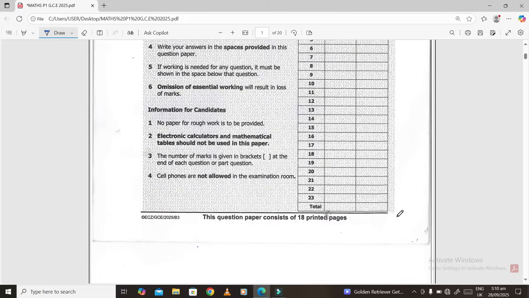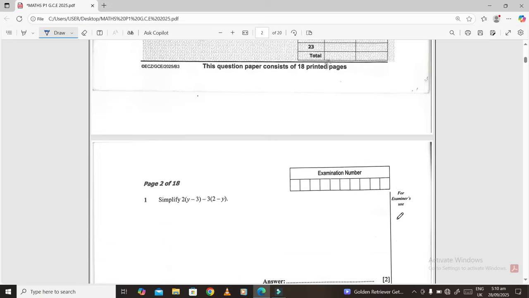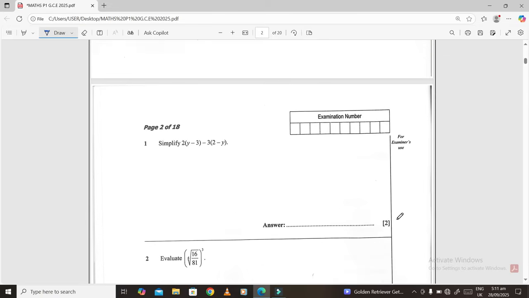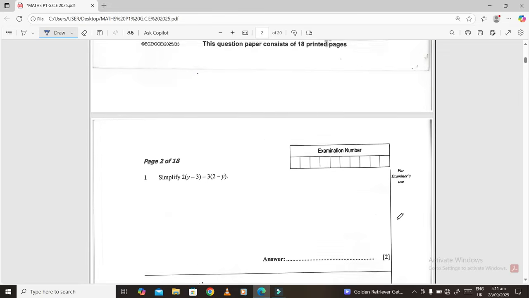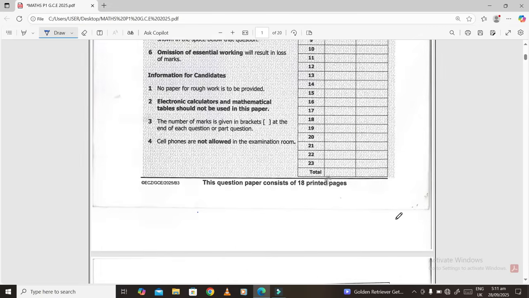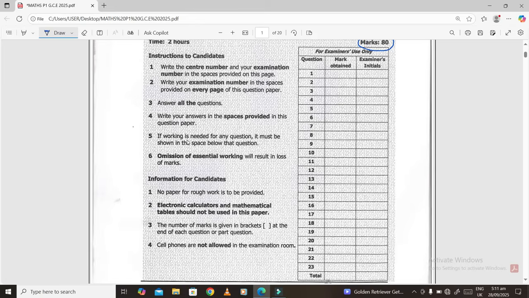Okay. So it's important that you understand or you follow the instructions. This is very important. Okay. I want to show you something that is important, very, very important. Where is it?